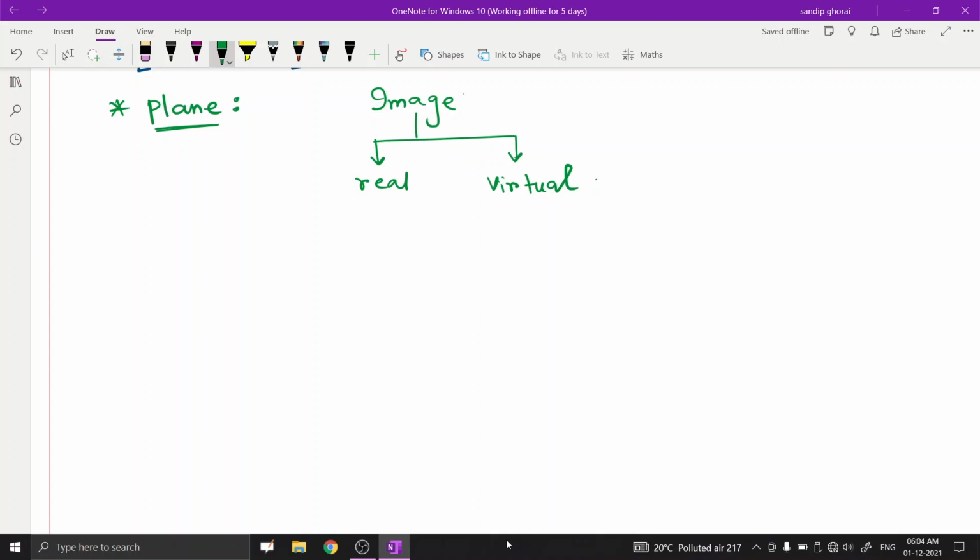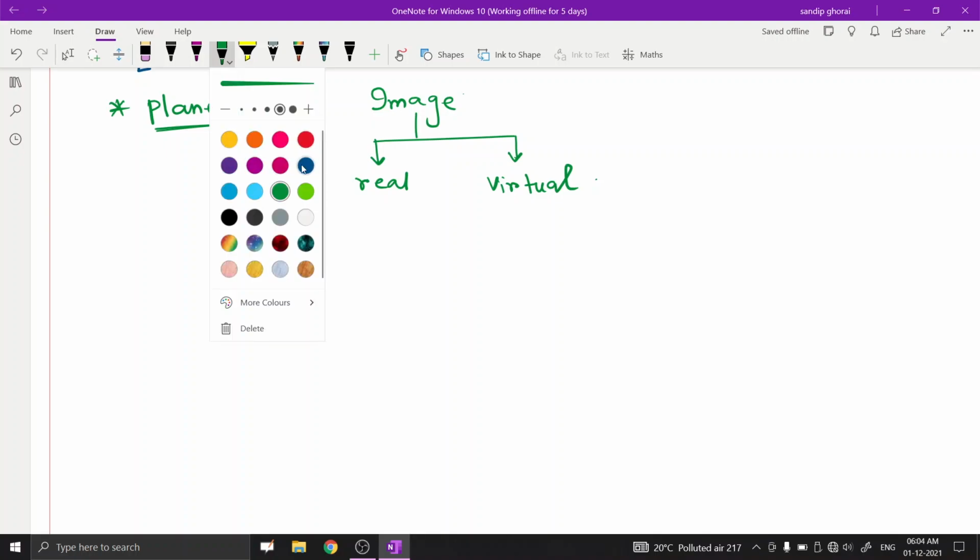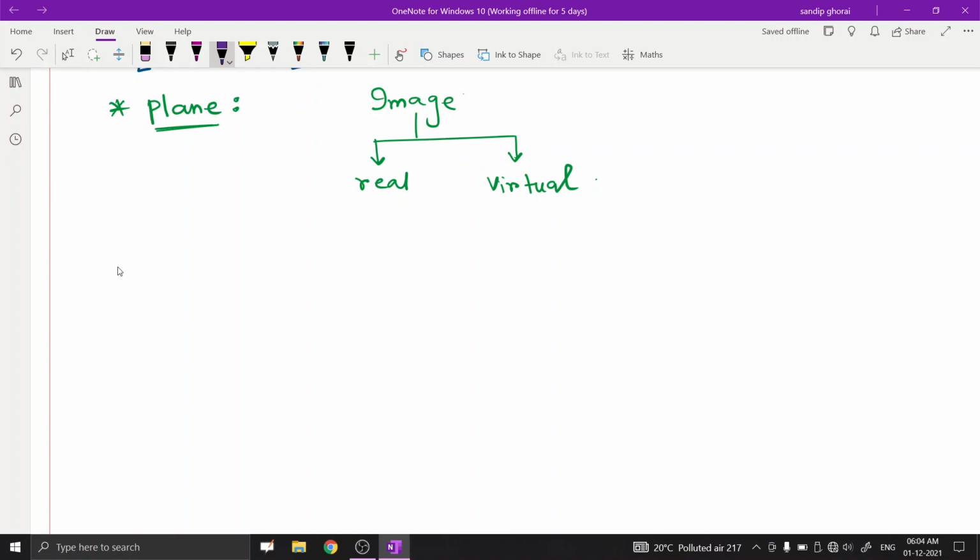For a plane mirror, we get a virtual image of the same size, that means erect, as it is virtual, and also the image distance is equal to the object distance.